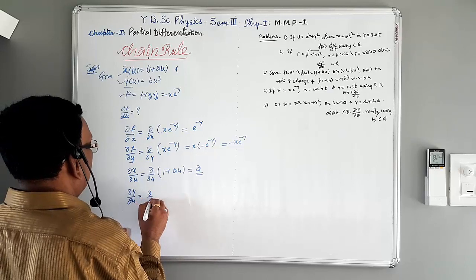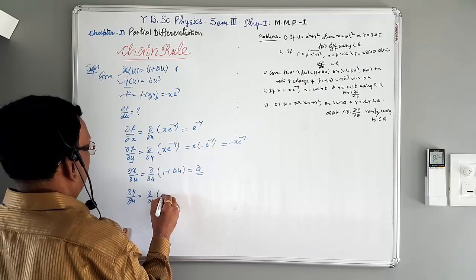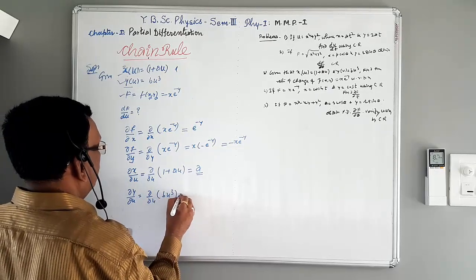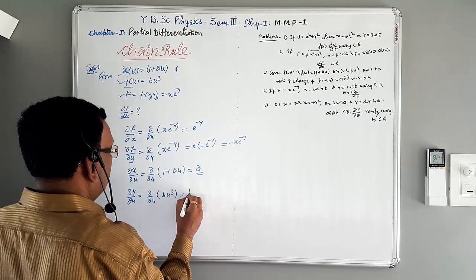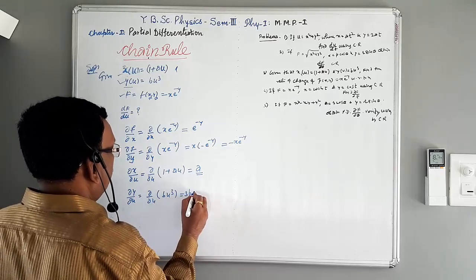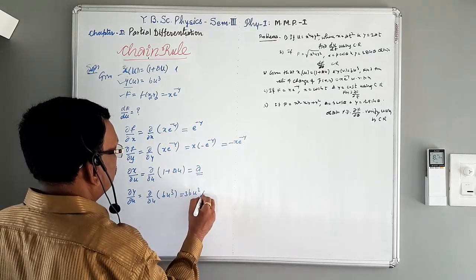We have delta by delta u of b u cube, and differentiate this term, that is 3b u square.